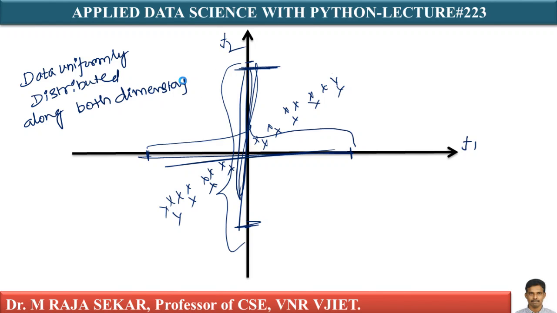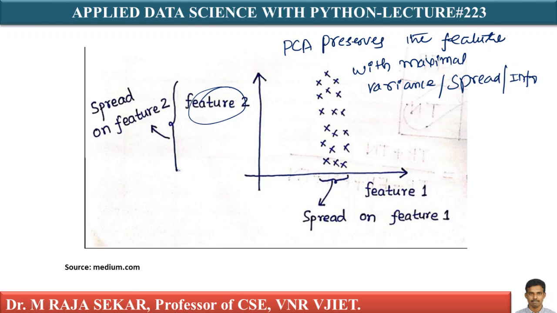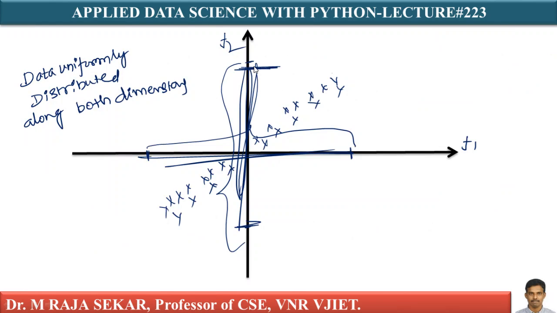But in the previous case, just see what happens. Here you have less spread. It's a simple case. You have spread only on feature 2, and a very small spread on feature 1. Therefore, you are able to remove feature 1 and preserve feature 2. But this case is a little bit different. You have spread on both axes.